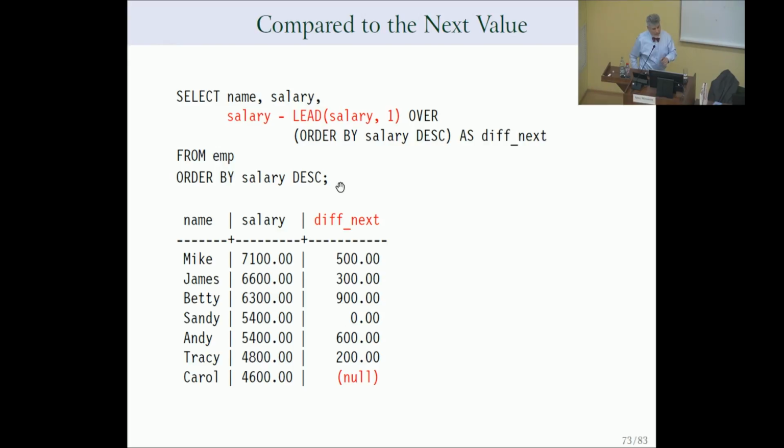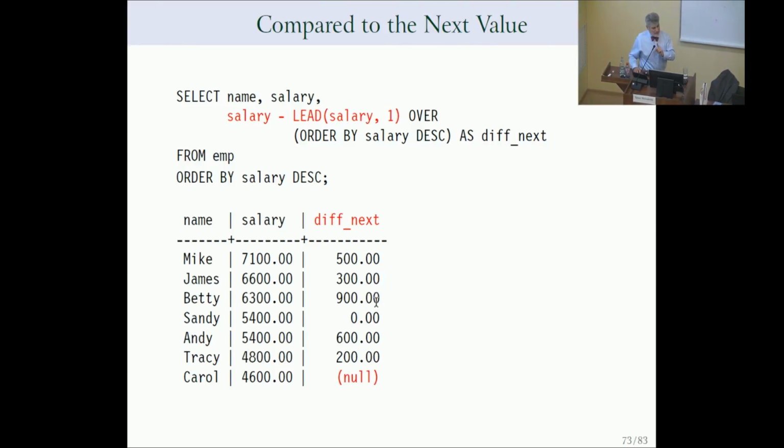This is another kind of comparison. Instead of comparing the employee to the average, I will compare the employee to the next lower paid employee. And what that tells me is that Mike is making $500 more than James.